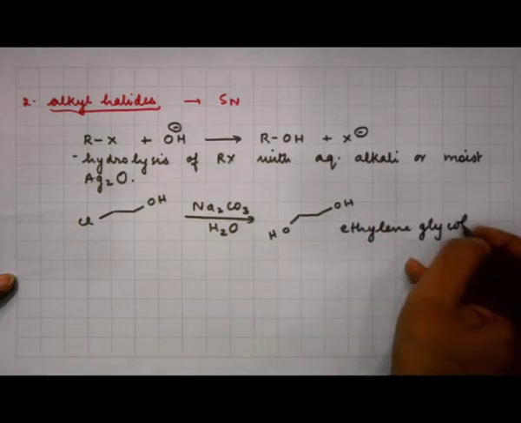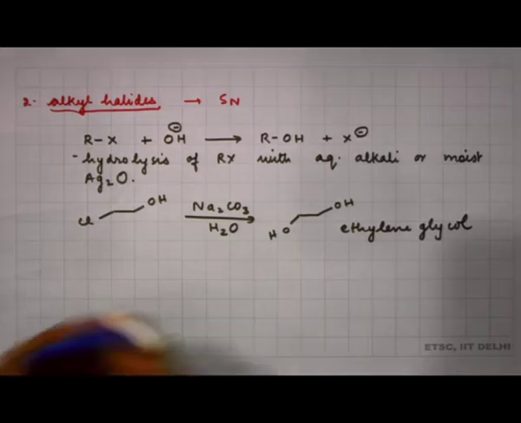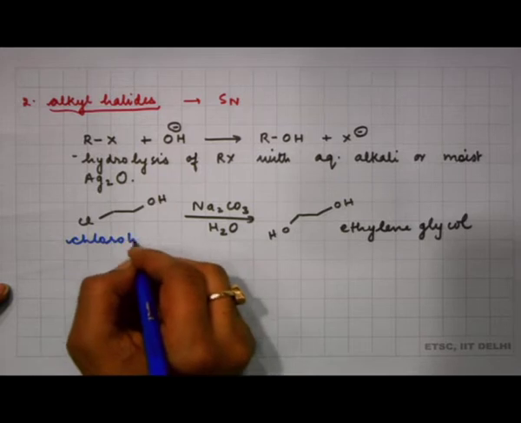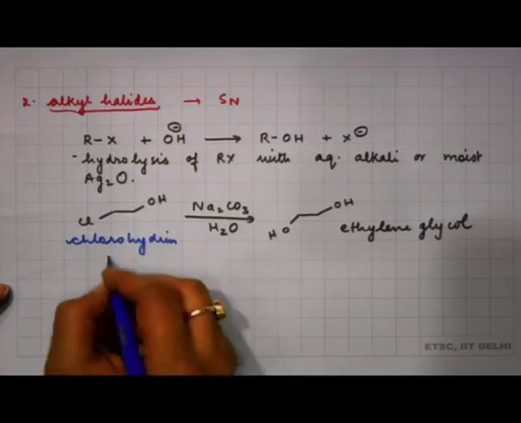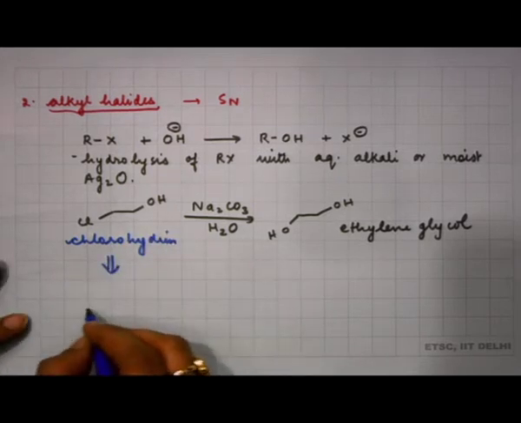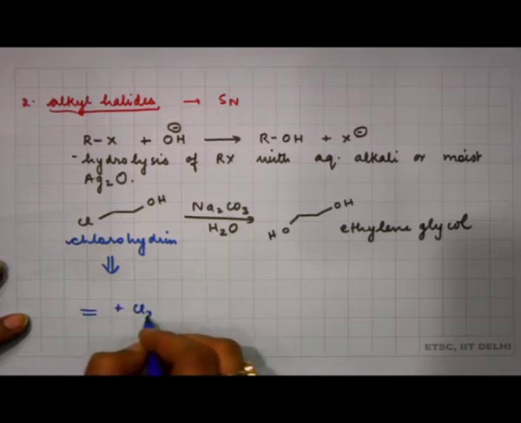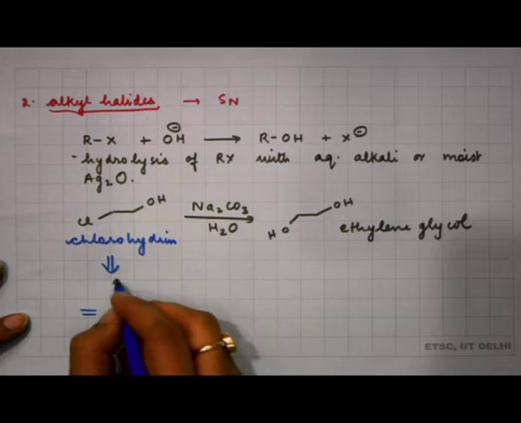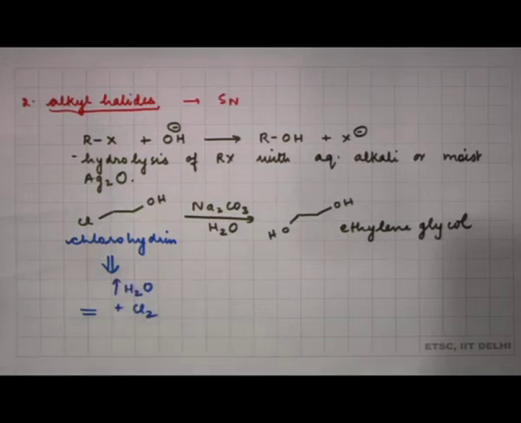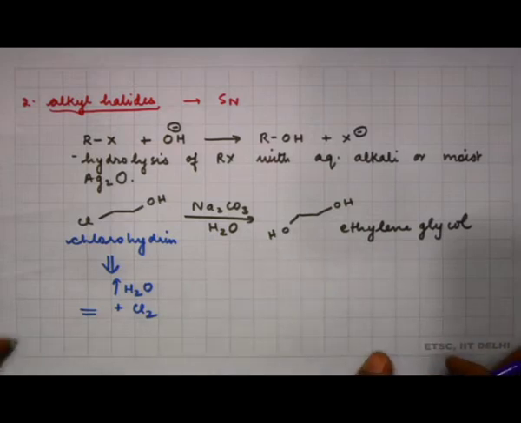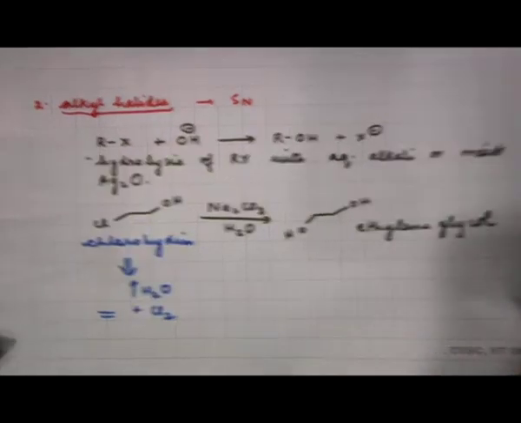And if you want to recollect the method of making these halohydrins, a chlorohydrin in this particular case, you have to again start from an olefin. You treat it with chlorine in the presence of water. So, you are able to generate a chlorohydrin which can further be hydrolyzed to give you the ethylene glycol. So, this is another substrate for making the alcohols.